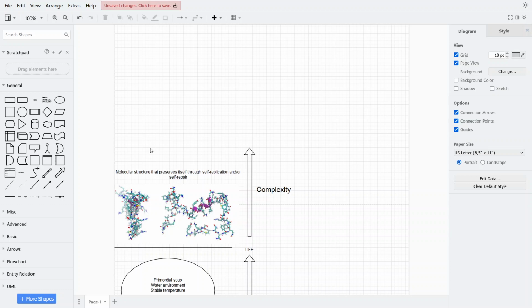And so you would then start getting plants from that. They evolved through plants, I mean.